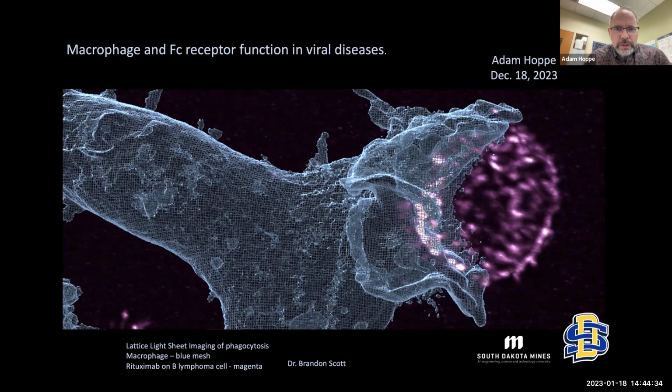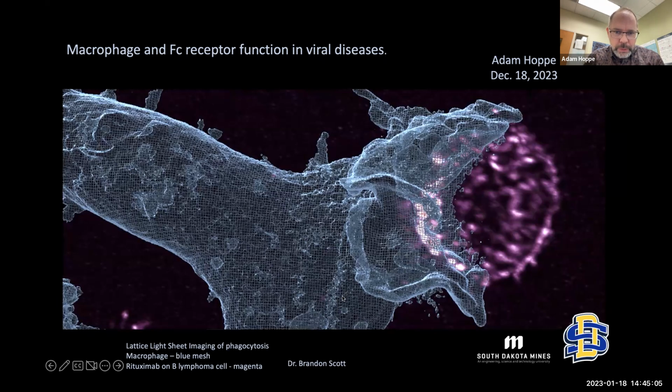What you're looking at here in magenta is a bone marrow derived macrophage from a mouse. And the magenta color is a B cell that is labeled with, or decorated with, anti-CD20 antibody, and you'll get to see a movie from this later. But this really is what our lab studies: how do phagocytes recognize antibodies and then from that mount immune responses.